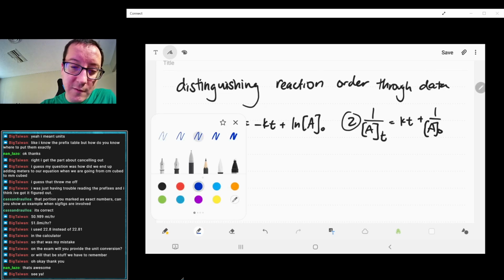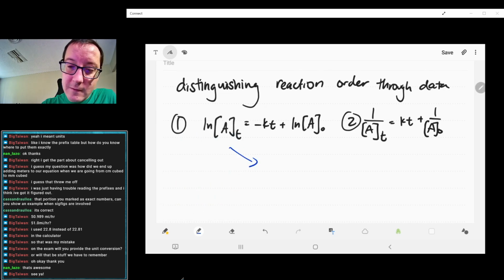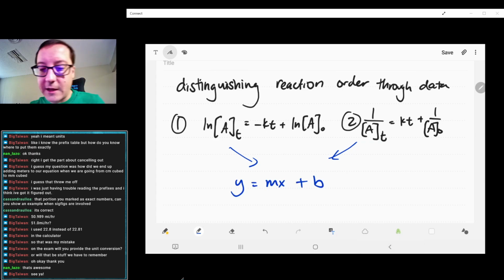Notice that both of these follow the slope intercept line formula, right?